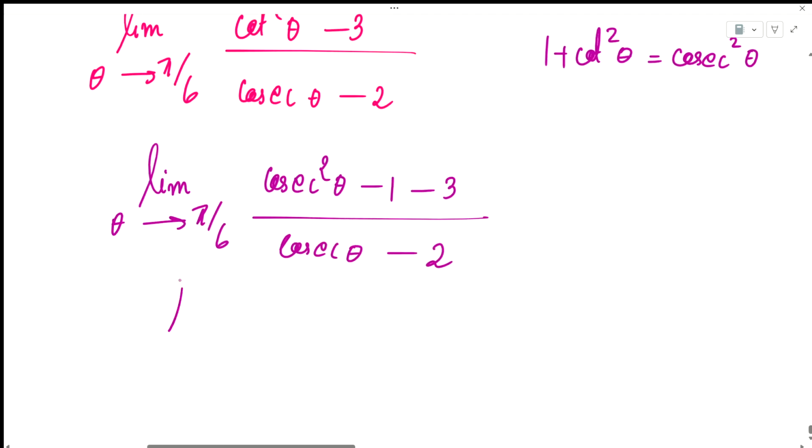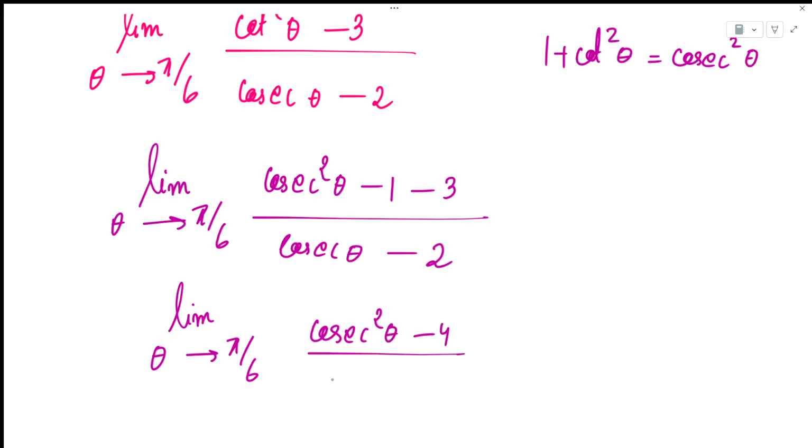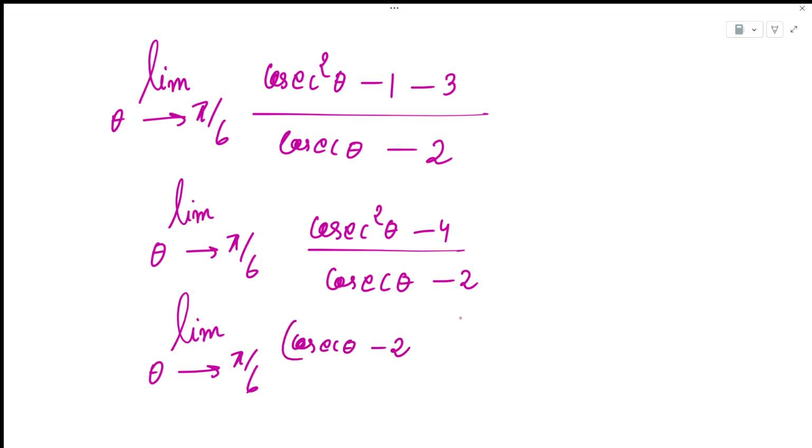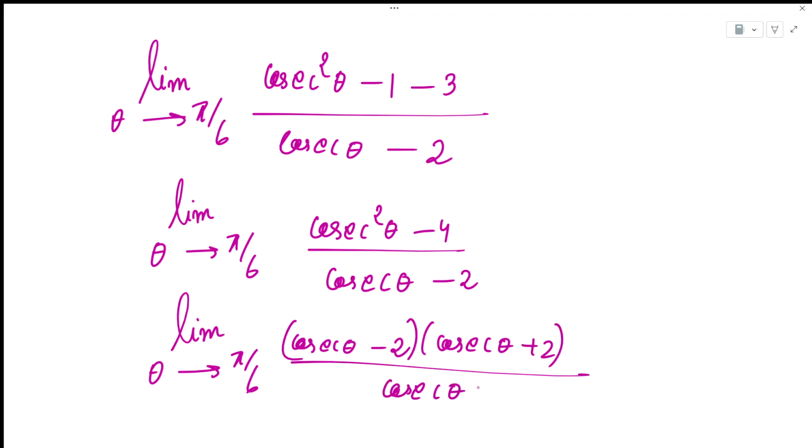Since in limits we can use formulas, we did not use the substitution, right? I would imagine you can see what I'm going to do over here. I can simply factorize the numerator now, a square minus b square. So I can write this as limit theta tends to pi by 6, cosec theta minus 2 into cosec theta plus 2 divided by cosec theta minus 2.